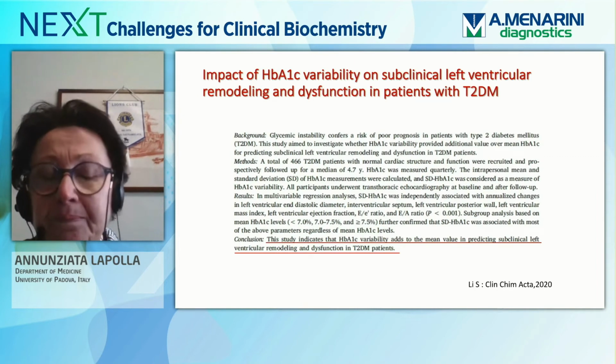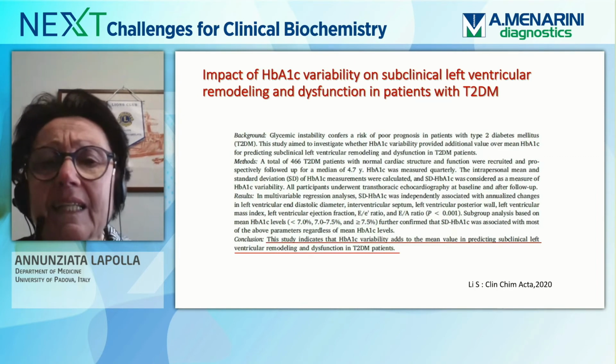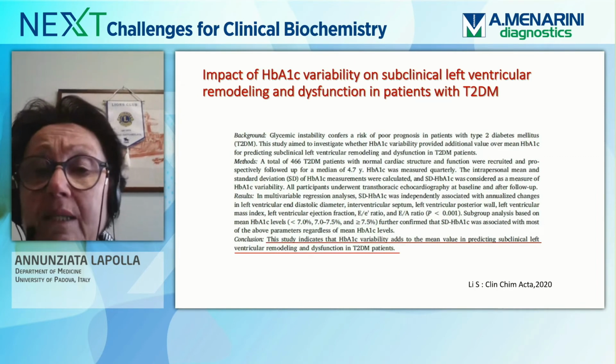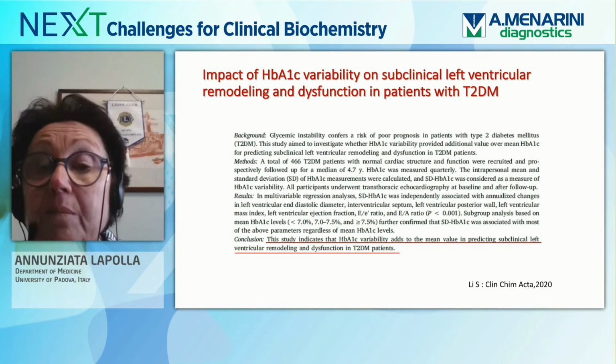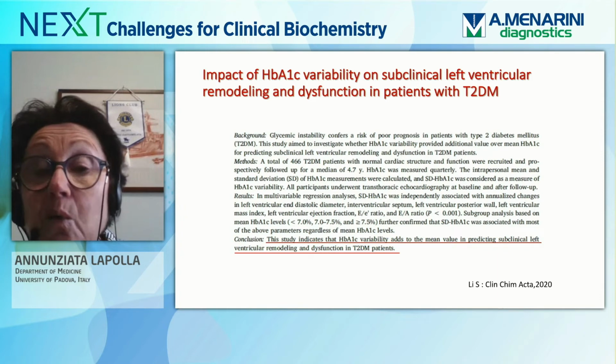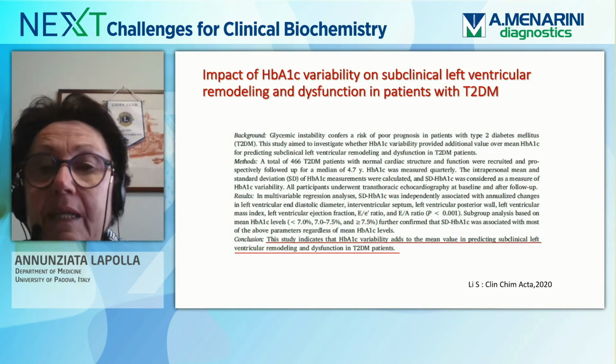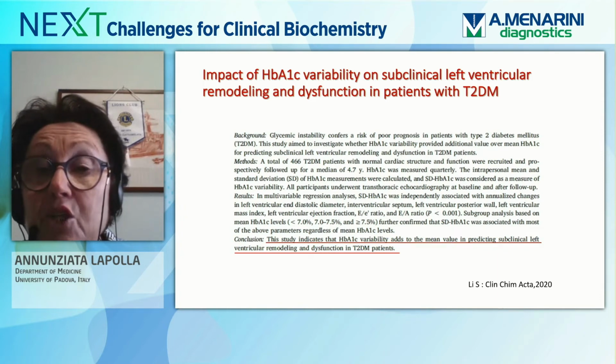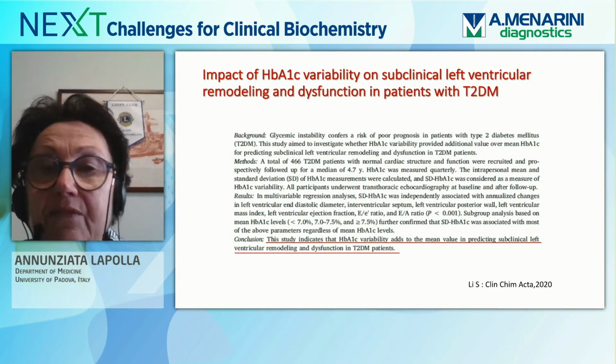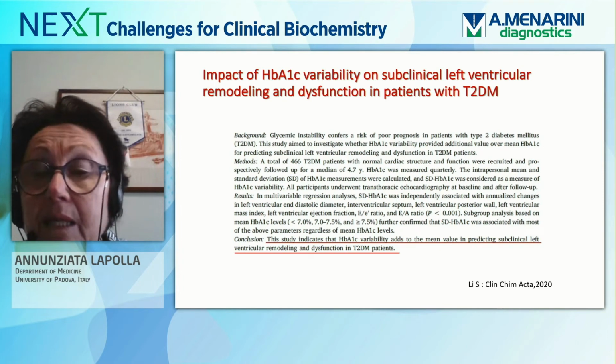In a study that evaluated 466 type 2 diabetic patients, in which HbA1c variability was calculated with the standard deviation, the relationship between this variability and subclinical left ventricular remodeling and dysfunction was examined.